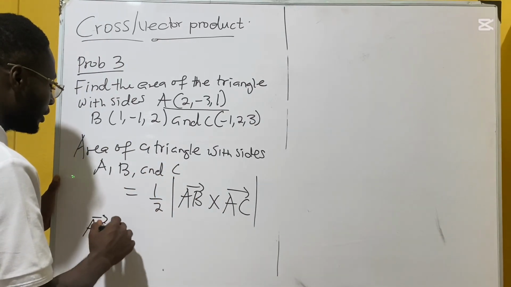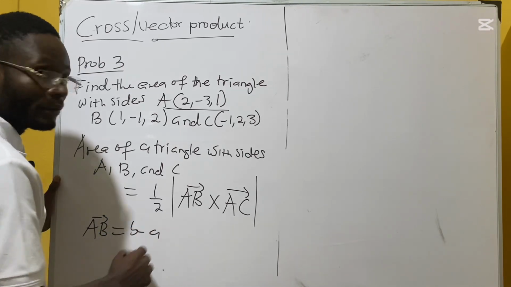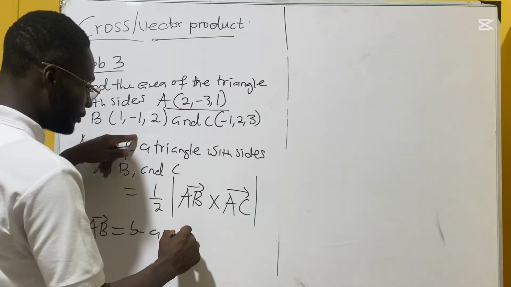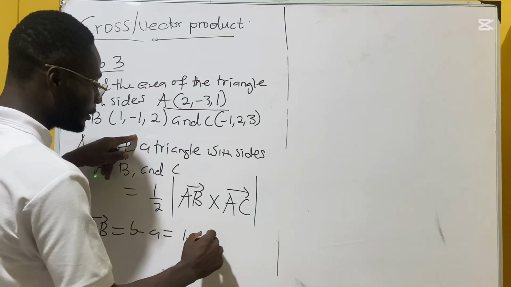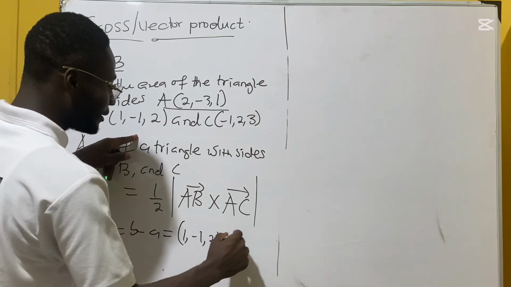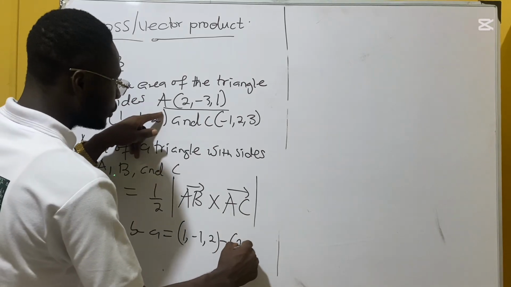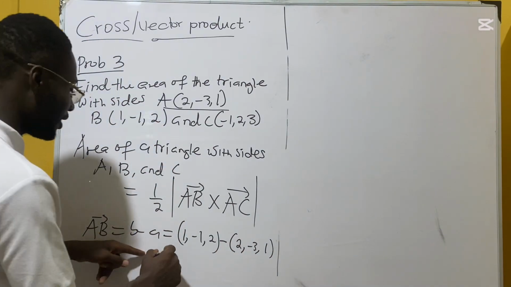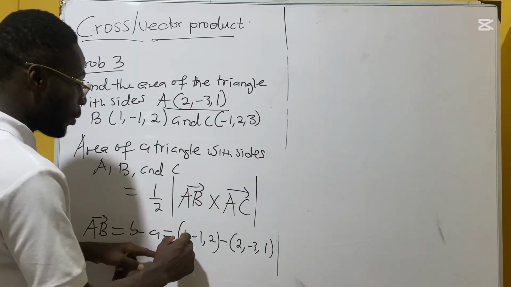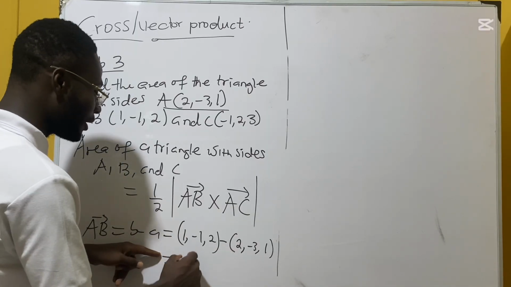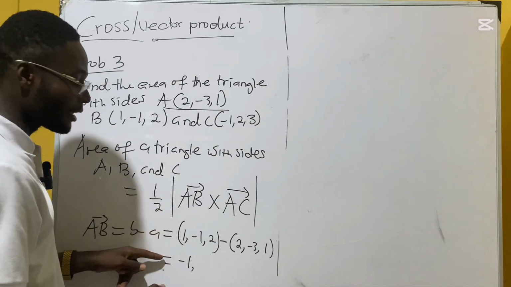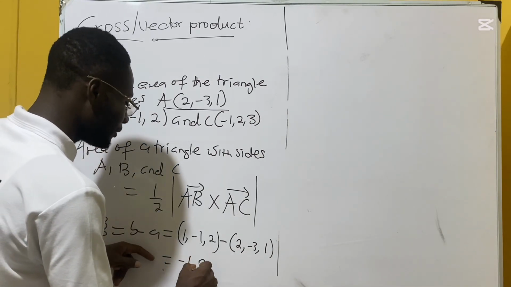Okay, so we're going to have position vector AB is equal to B minus A, right? So that will be equal to (1, -1, 2) minus (2, -3, 1). Okay, so that is equal to 1 minus 2 becomes negative 1. Negative 1 minus minus 3 becomes plus 2, right?